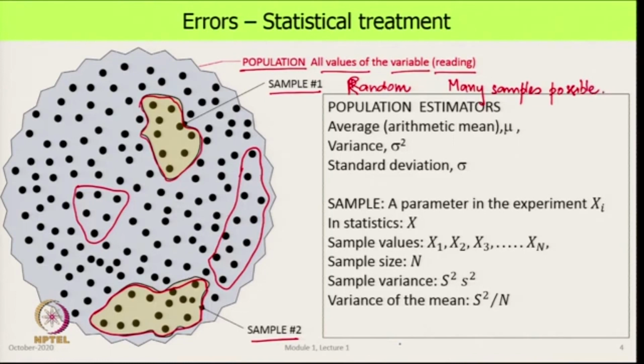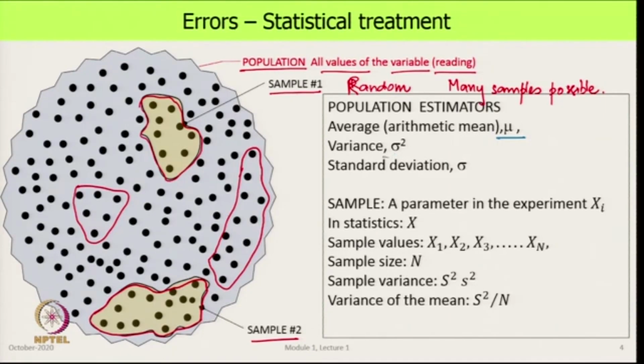So, now what are the standard terms that are used to denote what is the population estimator and what is the sample estimator? For the population, we define the average or the arithmetic mean as mu. This is nothing but the arithmetic mean of all the values. We add all the values divided by the number of values that we have.